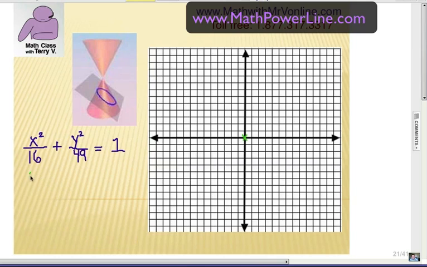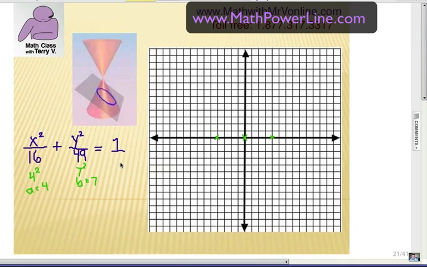Now the 16, of course, is actually 4 squared, and the 49 is 7 squared. So the a value must be 4, and the b value must be 7. Now in this case, a is 4, and that means on the x-axis we're going to go out 4, and put a little mark right there, and same in the opposite direction.